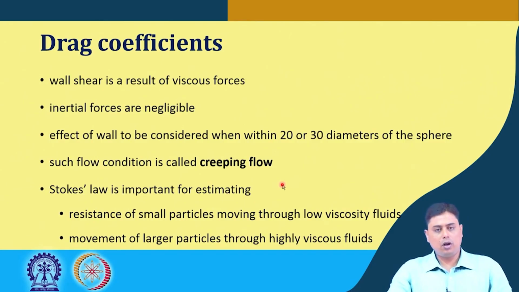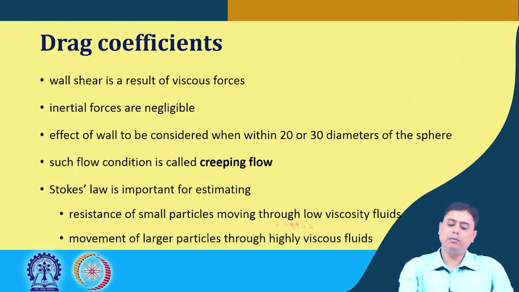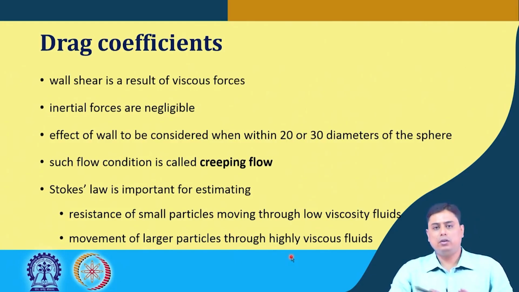Now Stokes' law is important in estimating resistance of small particles moving through low viscosity fluids and the movement of larger particles through highly viscous fluids. Basically, in such a scenario, you have to maintain a Reynolds number much lesser than 1. By doing such a combination, you ensure your particle Reynolds number values are way lesser than 1.